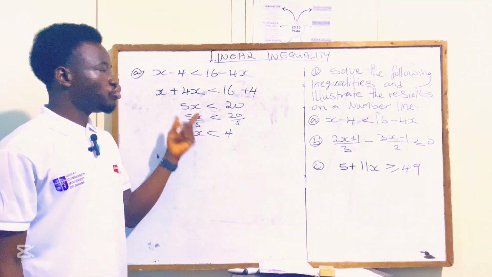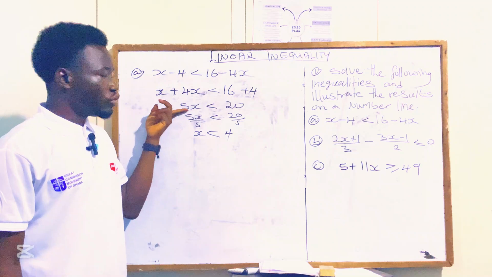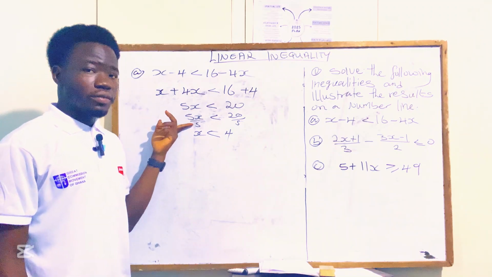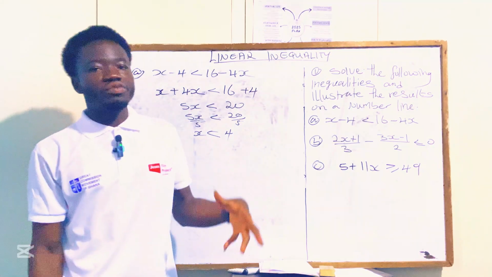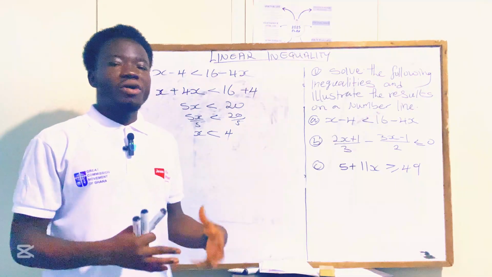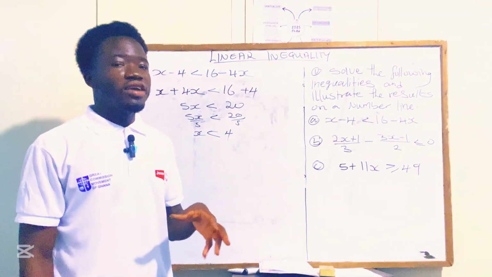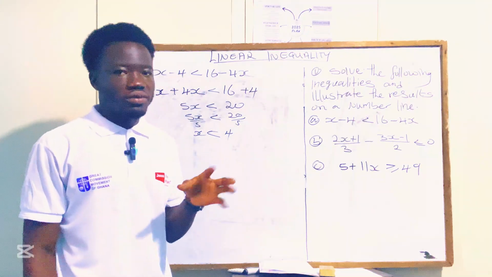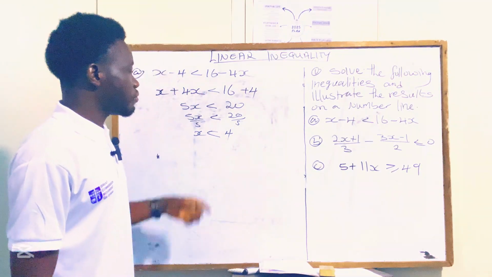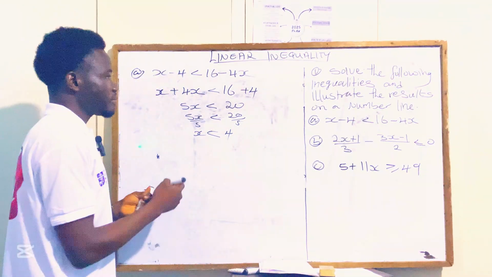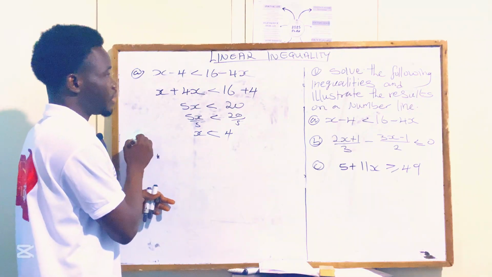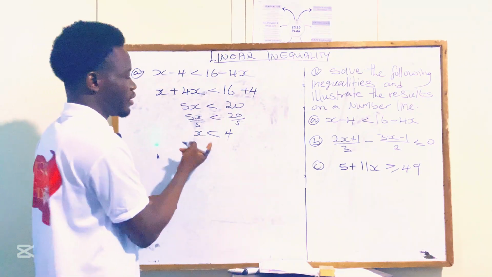If you divide through, you are skipping this step, so you have to rewrite it before you do the division, and that is where students lose marks. You do your calculations and you have done it, but when the results are out, they realize that you have mess ups in the way. So it's because of these small mistakes, and then you have to conclude that the value of x is less than 4.